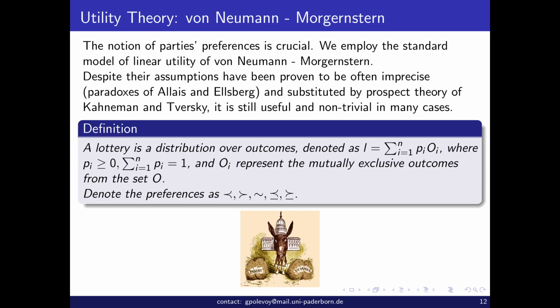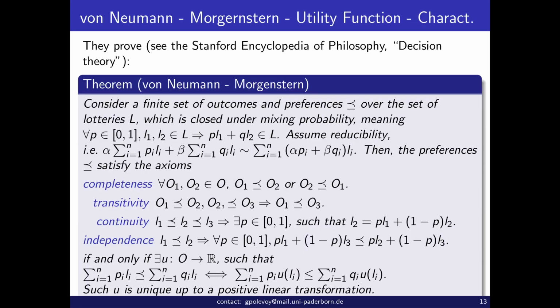Now the central theorem we're going to use allows us to assume that the preferences, which in the beginning are given just as who prefers what to what, only a comparison, can be characterized by a so-called utility function. And that's what we are going to assume.